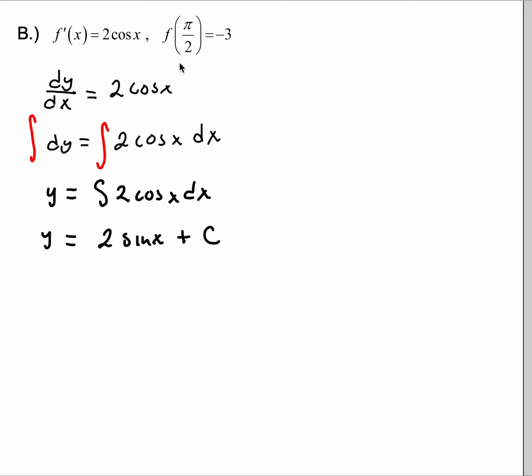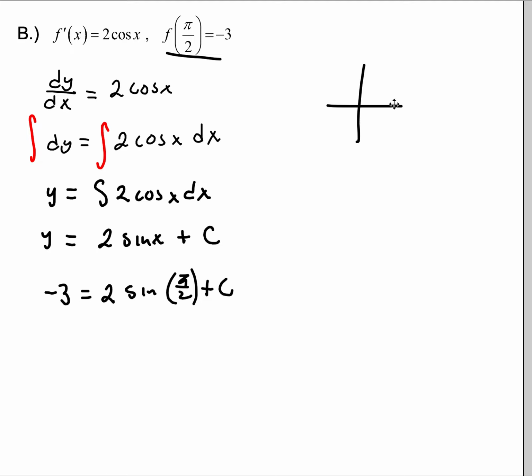And again, they tell us that f of pi over 2 is equal to negative 3. And remember, y is the same thing as f. So when we plug in sine of pi over 2, we end up getting negative 3.